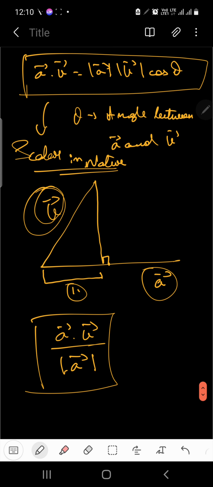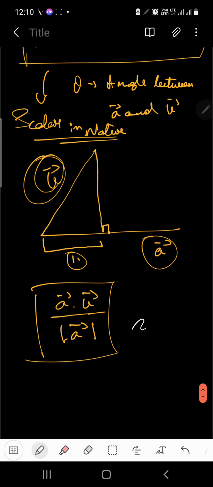Now, if I ask about the scalar projection of B on A, this is what you have.